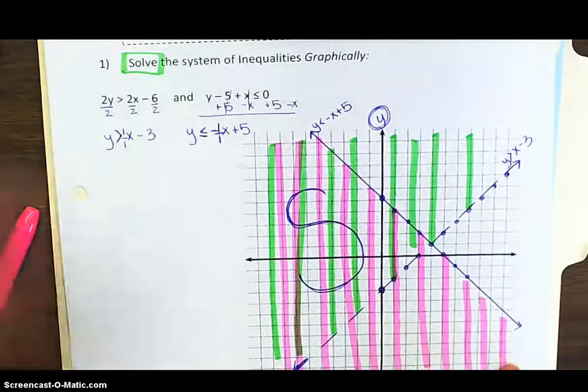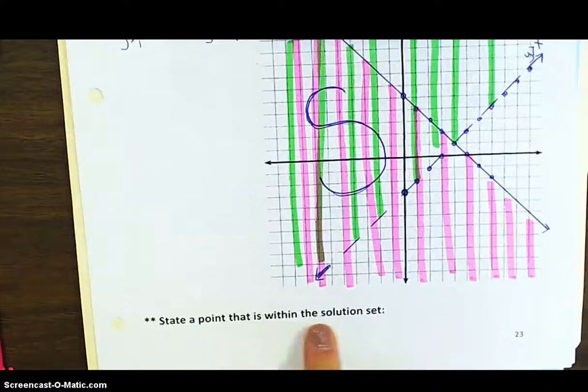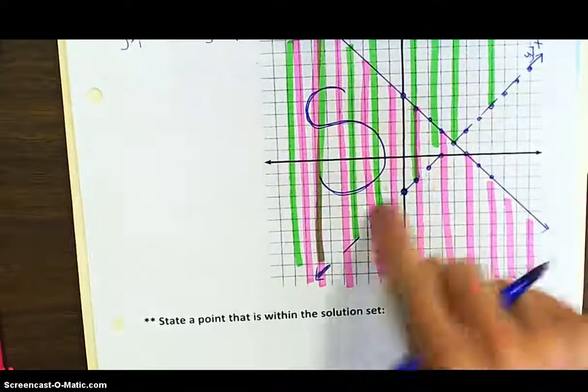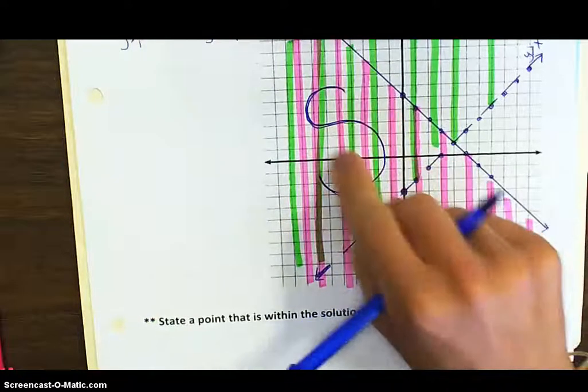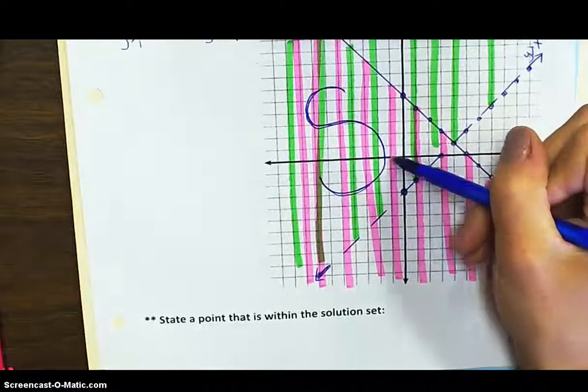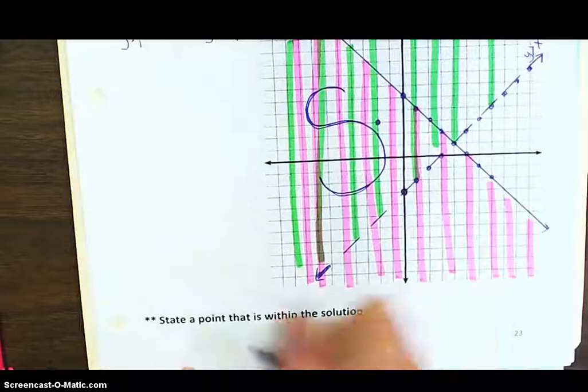Okay, so now let's answer the follow-up question we have at the bottom. State a point that is within the solution set. So we want to pick a point in the solution set. I always recommend you pick one that's right in the middle of the big S there. So if I take a look here, I could use the point -2, +3. That would be a point in my solution.